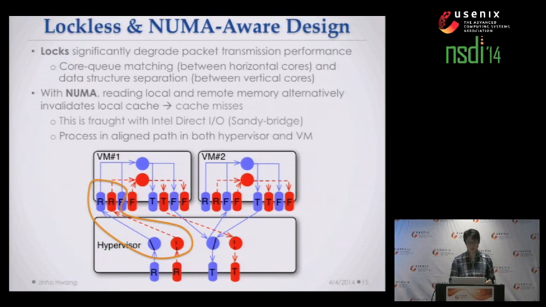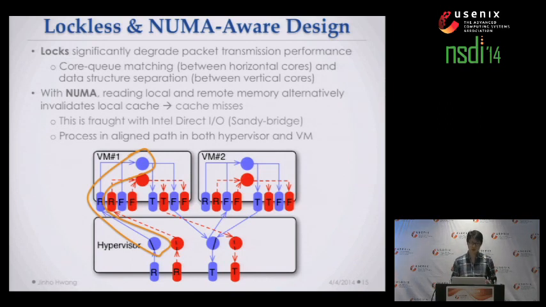And these are horizontal queues, but if you think about the queues in the virtual machine, which handles the packet directly, and the core in the hypervisor which pushes the packet information to the queue, they are actually separating the data structure, so they're only reading and writing in their own area. So there is no lock for that. That's how we solve the lock problem in the system.